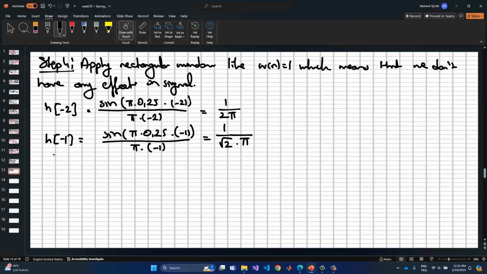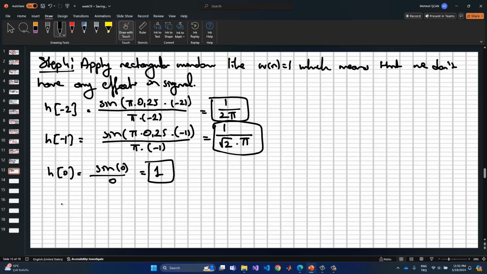And h0 can be calculated with sin 0 divided by 0, which equals 1, coming from the limit condition. This is the first, second and third coefficients. h1 is 1 divided by square root 2 pi, and h2 equals 1 divided by 2 times pi.